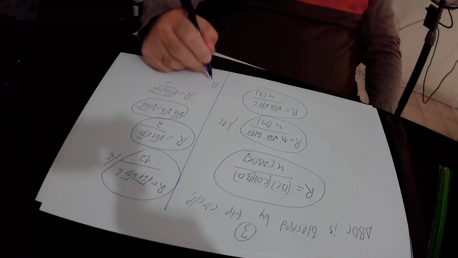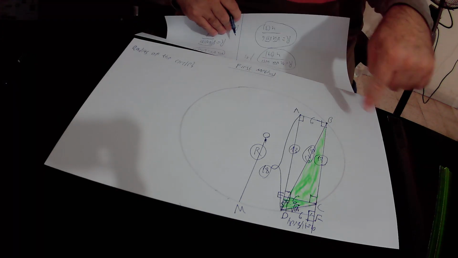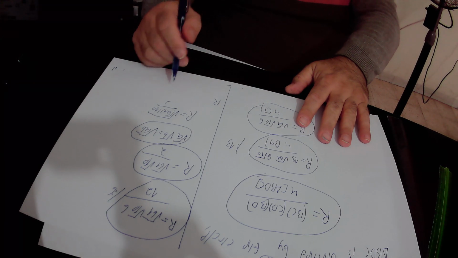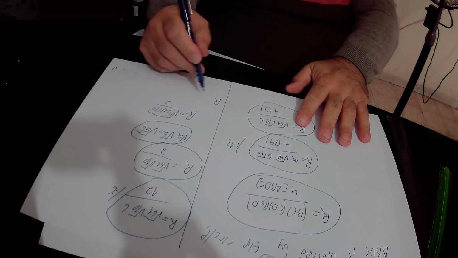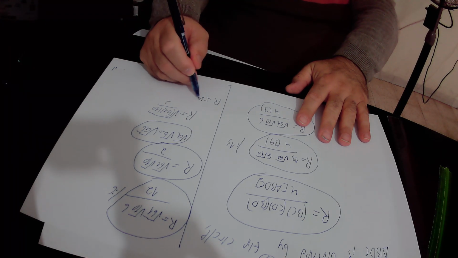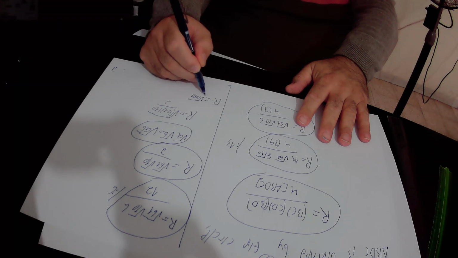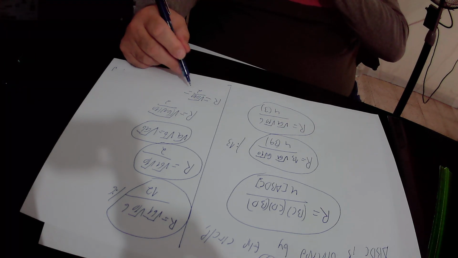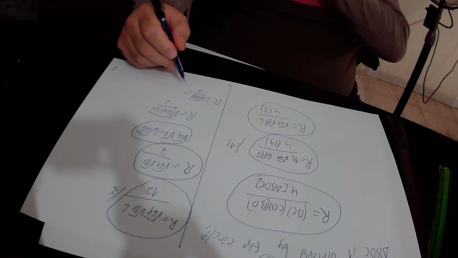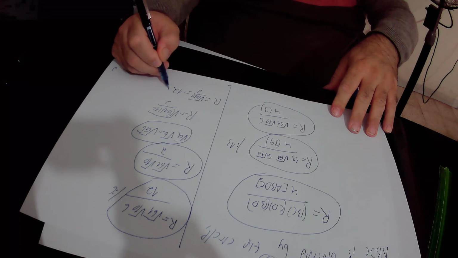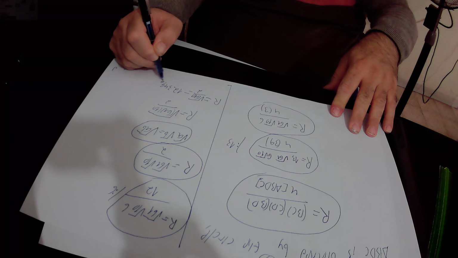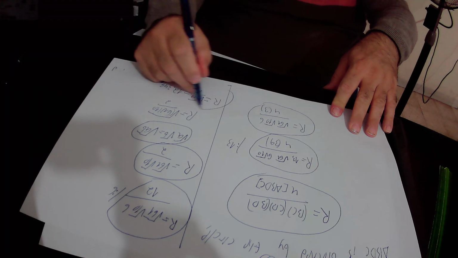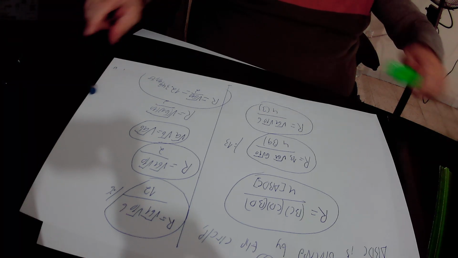So the radius of this circle will be equal to the square root of 610 over 2 units, or in terms of numbers, this expression equals 12.349 units. This is the answer to our question.